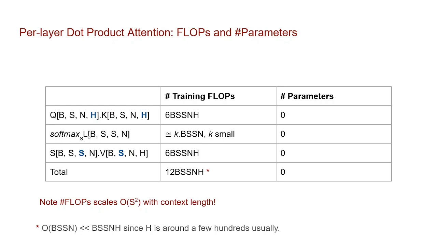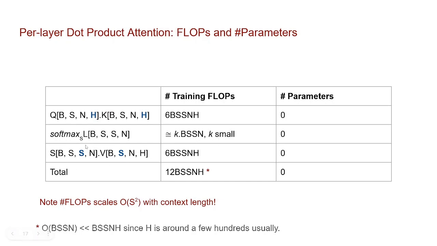One way to think of it is that in the forward pass, we take every element, do an exponent, sum them up, and then divide them. So we are doing a small number of operations for every element in the tensor. So it's K, B, S, S, N, where K is a small quantity.